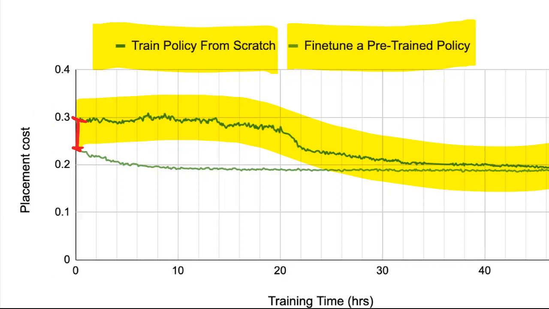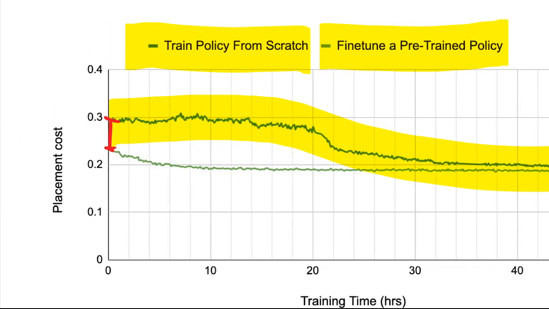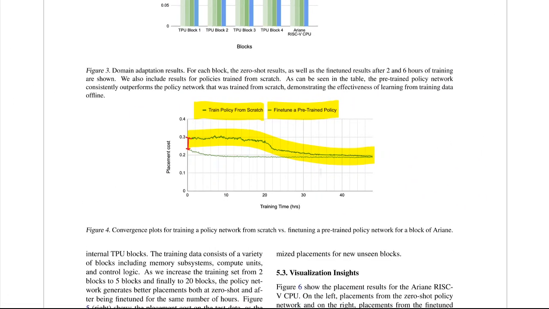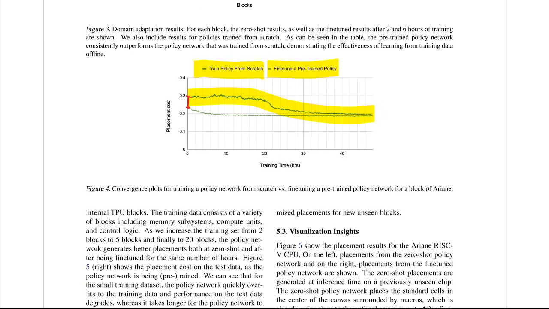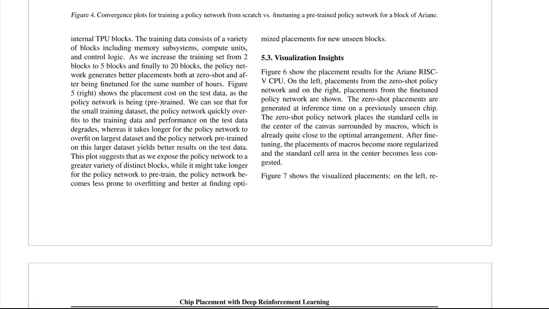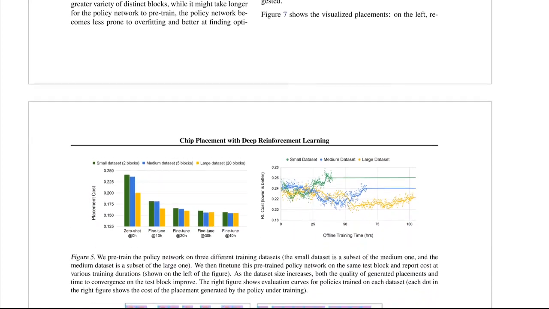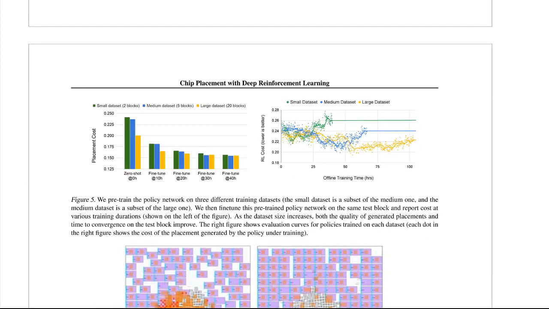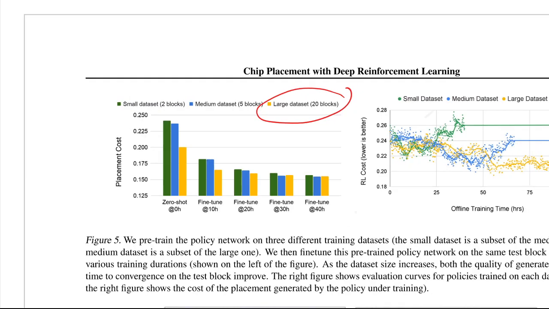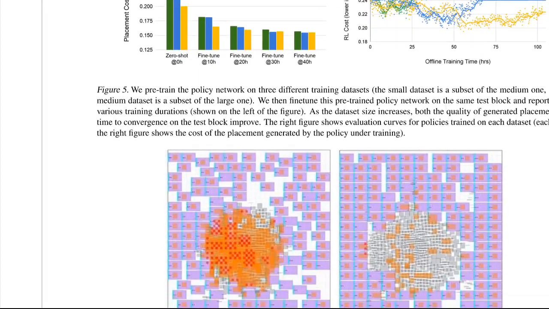That means the knowledge from one chip transfers over to the other chip. So the problems are sufficiently close. And that basically means that if we now want to design a new AI chip, not only are we better because of RL, we're also faster because we can transfer learn. And they show here that this effect basically appears when you have a large enough data set. And again, large here is just 20 blocks.